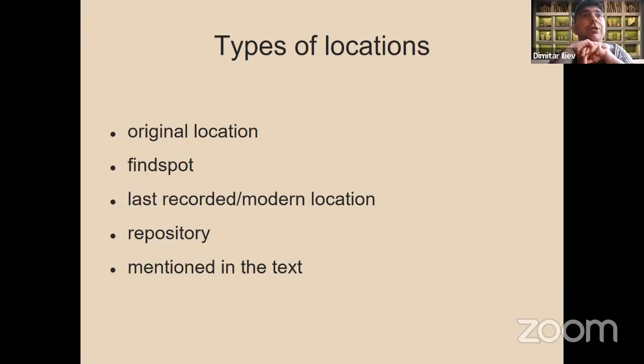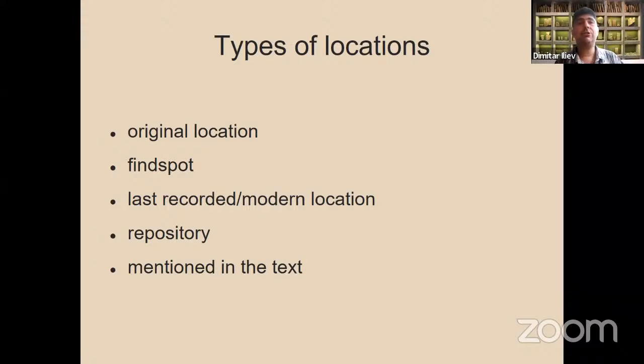The original location, the find spot of the monument, the modern find spot, a modern location, or a last recorded location if the monument has disappeared, or if its modern location is different from its find spot. Repository in a museum, which can still be different from the find spot and different from any other location when the monument could be observed.